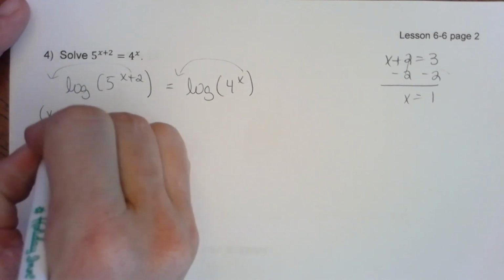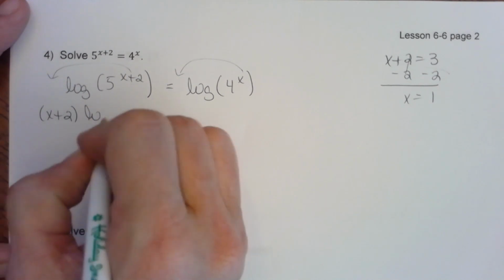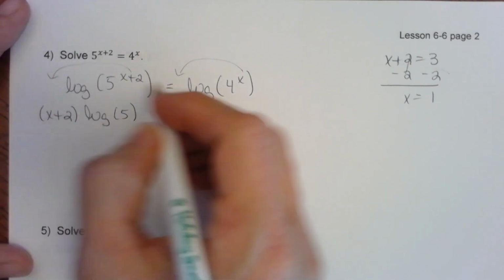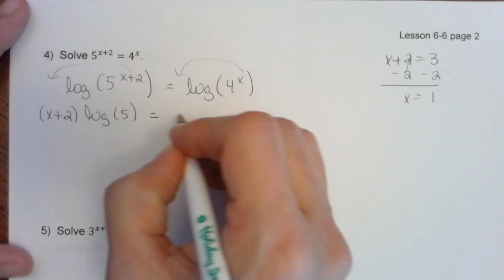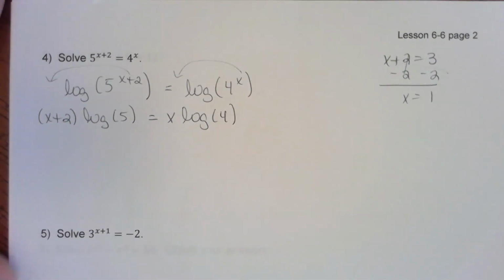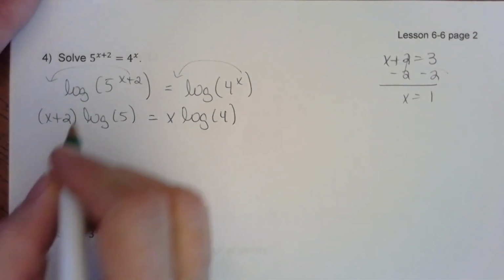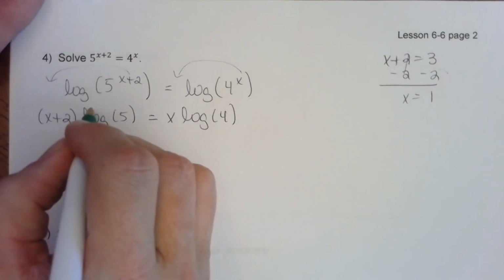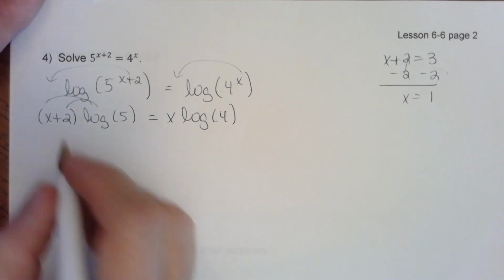So we have x plus 2 log of 5. All we did was move this out front using the power rule, is equal to, using the power rule, x log of 4. Now remember, the goal is to solve this for x. So we need to get all of our x's on the same side. So what I'm going to do is distribute this log to both of those.